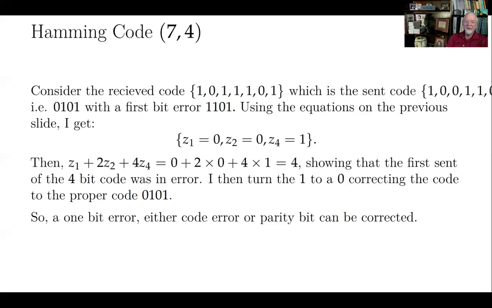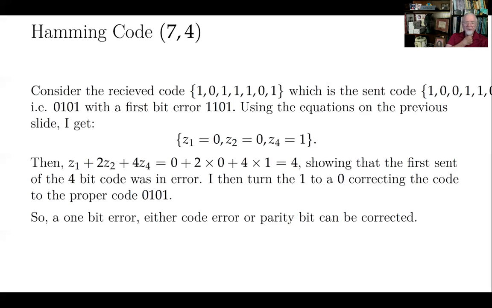So 4, remember, is the first bit of a code word. Or is it, no, I'm sorry. So it was a bit error. Sorry, it was a parity bit error. My mistake.